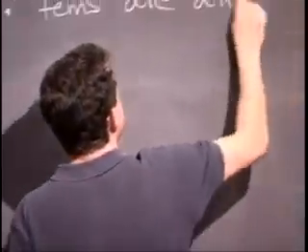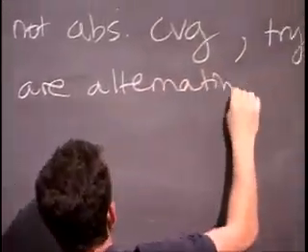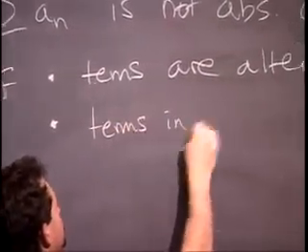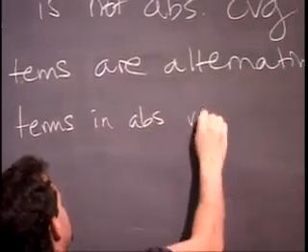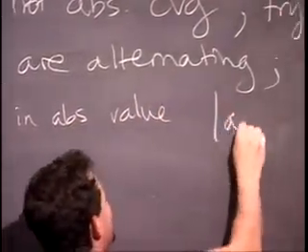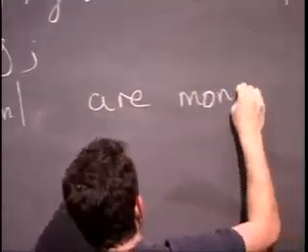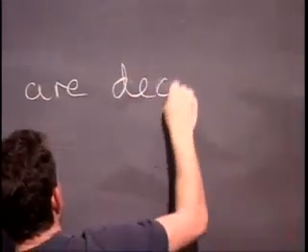Let's write that down. Here's what the test says. If terms are alternating, and the terms in absolute value, i.e. a_n, are monotonically decreasing. Let's just say decreasing. I haven't talked about monotonically.